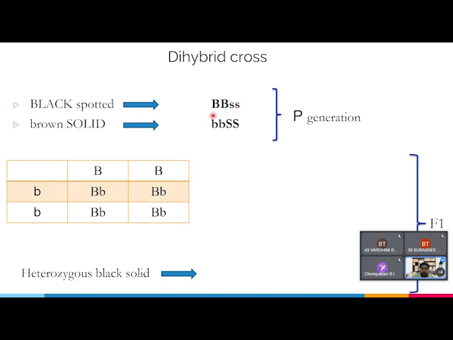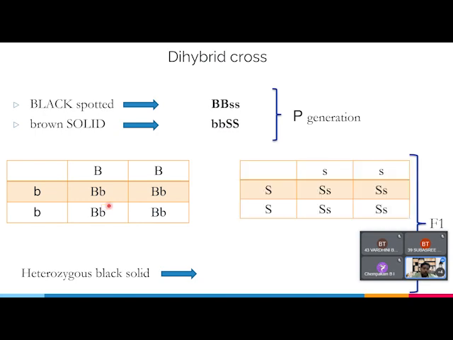So for this particular question, from the first parent we have capital B coming as the allele, and the small b coming from the other side. You cross all of them, and you have a heterozygous capital B small b. Similarly, for the second phenotype, that is spotted or solid, we have small s from the first parent and capital S from the second parent.